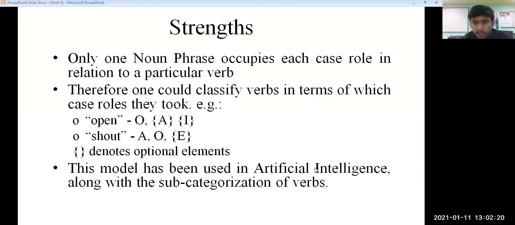This model has been used in artificial intelligence along with the subcategorization of verbs. Everybody who is good at understanding real-world statements can develop case grammars with respect to natural language processing, because every letter, object, or statement gives you a representation.